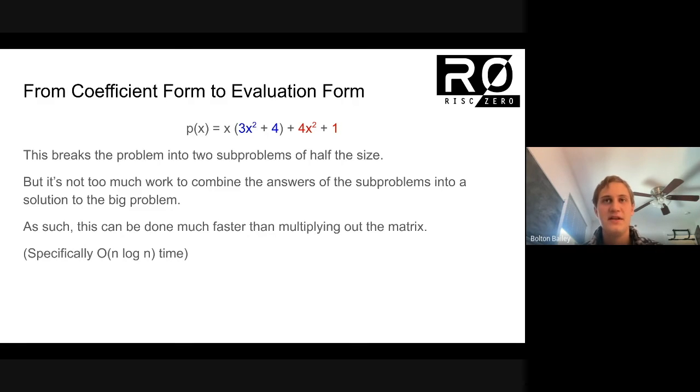If you're familiar with big O notation, this is what's known as n log n time. And really, this is almost equivalent in spirit to being able to do something in linear time. So this is definitely a much faster way than the quadratic multiplication, and it's the only thing that makes it possible to do this when you have matrices that are of size 1 million by 1 million.